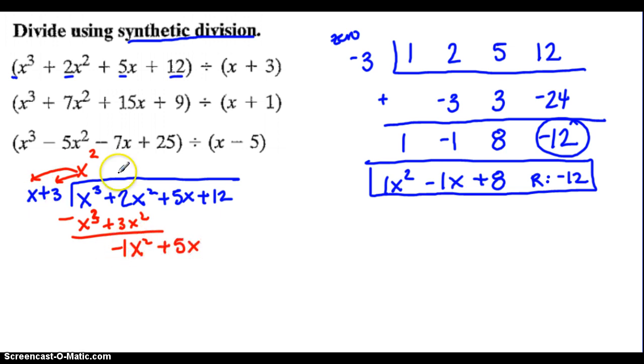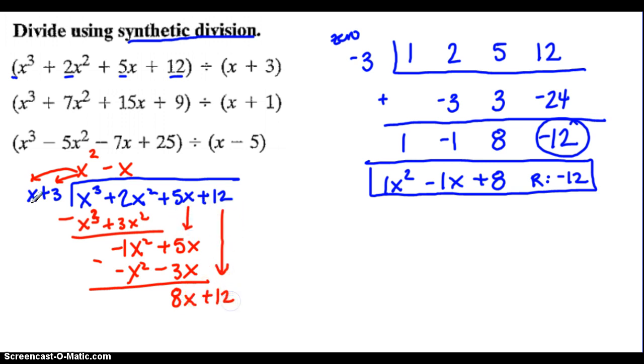X times what gives me negative x squared, so that would be -x. Distribute: -x squared minus 3x. Subtract that. Those are gone, but we have plus 8x. Drop down the 12. So x times what gives me 8x, so plus 8.